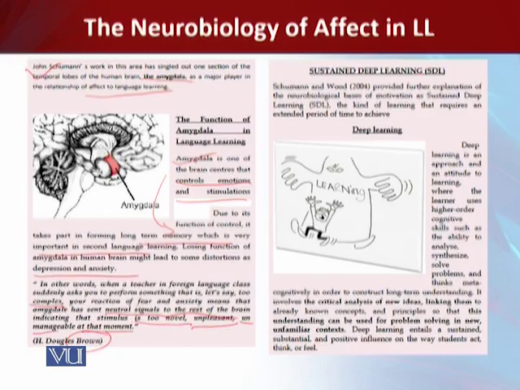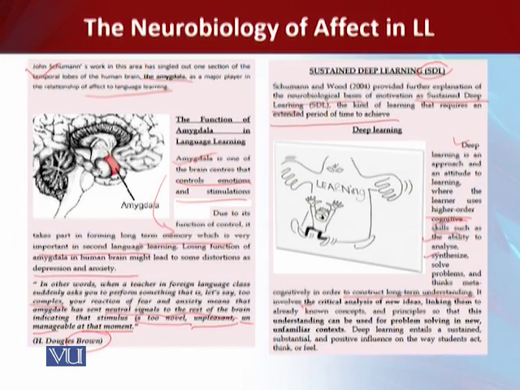Then we have sustained deep learning, which is SDL. Schumann and Wood provided further explanation of the neurobiological basis of motivation as sustained deep learning, the kind of learning that requires an extended period of time. Deep learning is an approach and an attitude to learning where the learner uses higher order cognitive skills such as the ability to analyze, synthesize, solve problems, and think metacognitively in order to construct long-term understanding.